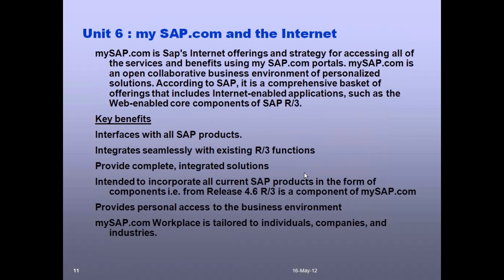SAP has introduced something called SAP NetWeaver technology, which basically provides internet enablement to existing SAP applications. With internet enablement, you can mold a certain application. You can personalize it. Let's say Venkat as a buyer will have his own personal settings, somebody else will have their own personal settings, which is possible with internet enablement.